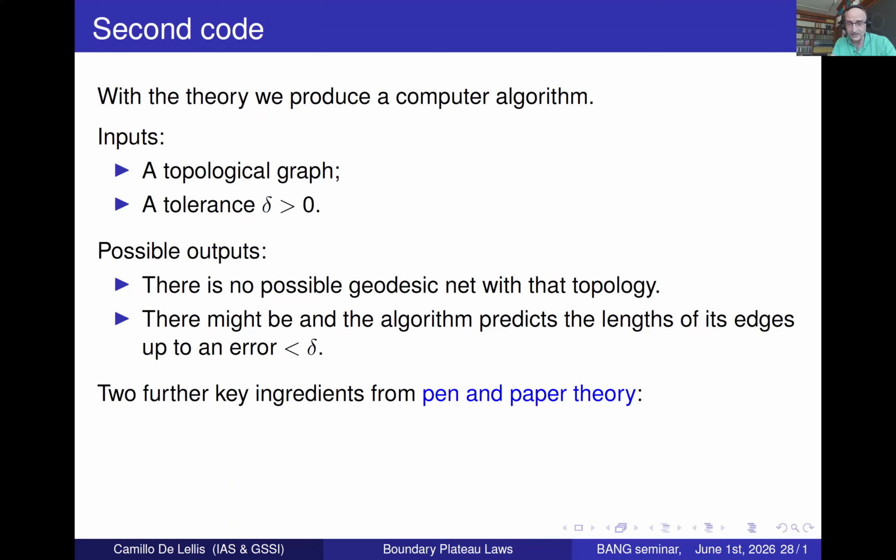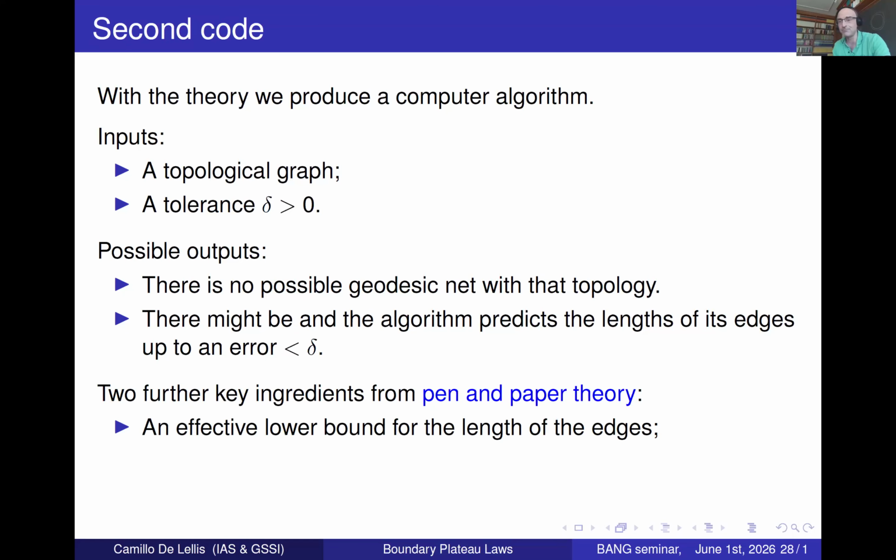There are 2 important ingredients from pen and paper to make the implementation feasible. One is that you need an effective lower bound for the length of the edges. And actually, this cannot be achieved for every edge.